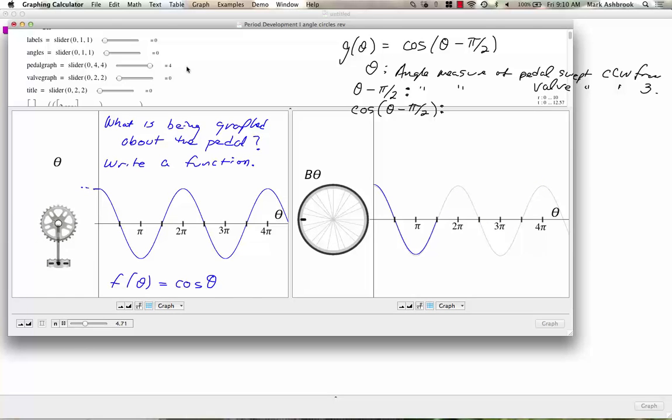So if it's lagging behind, are we going to shift left or shift right? Lagging behind for increasing theta. First the pedal angle starts, then pi over 2 later, the tire valve angle starts. So it shifts to the right. Should make perfect sense. Subtracting makes the angle lag behind, which means it starts later.